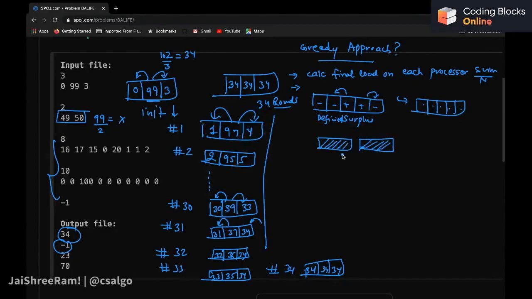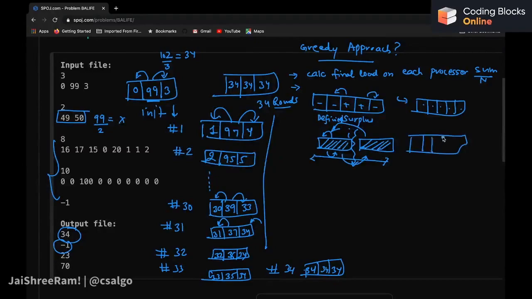Let's say this whole is one array, and if I try to break this array at the ith index, I know some of the jobs will be transferred from this part to this part, or from this part to this part, and also there would be some transfers which would happen internally inside this array. Let me give you one more example.